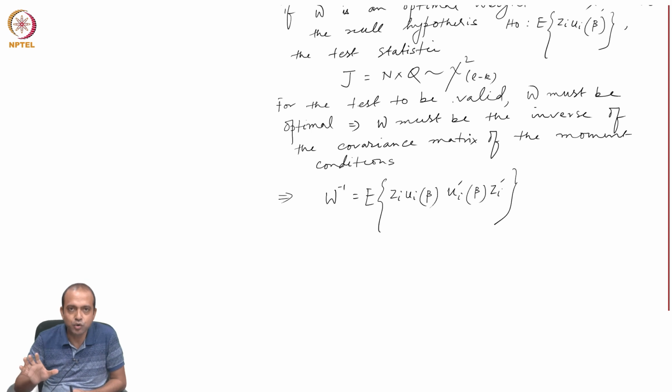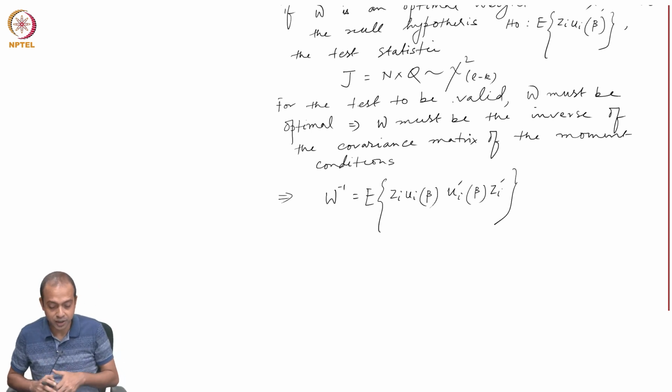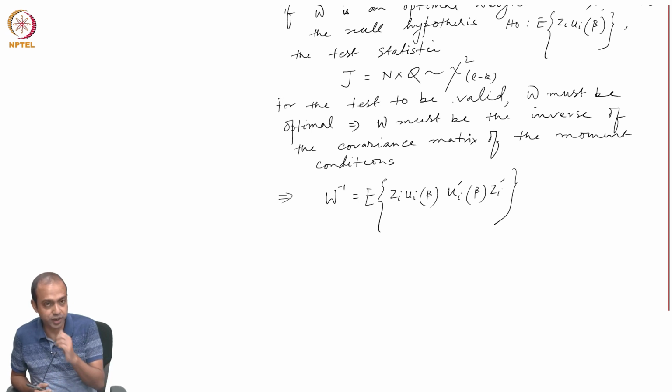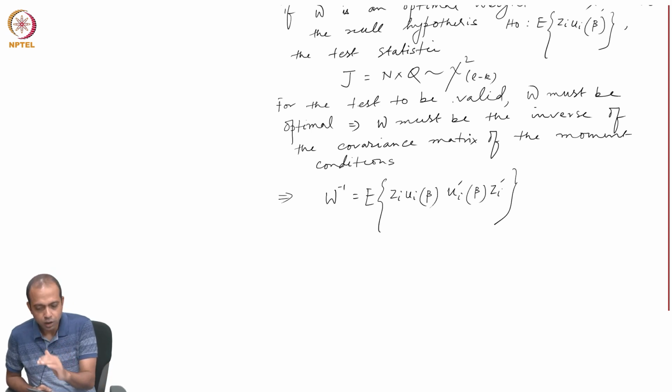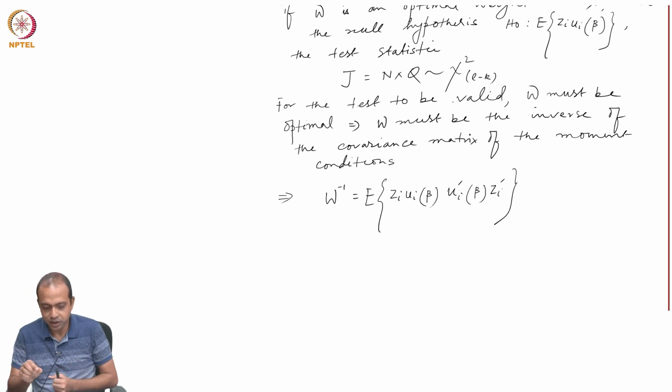So, this is how the Hansen test of over identification is defined, and if you see it this way, the calculation of the test statistic in the Hansen test of over identification basically depends on the quadratic loss function.